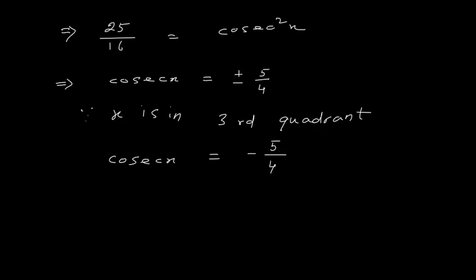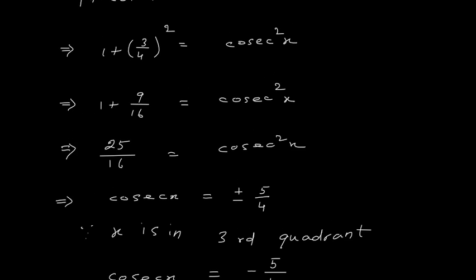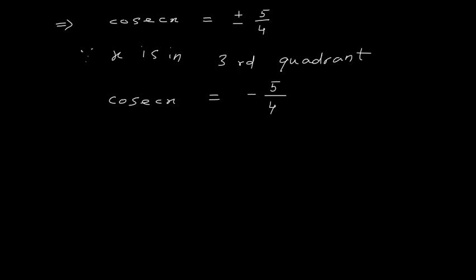So we got the value of cosec x, and we have the value of cot x. Now from cosec, first I will get the value of sin x, because it is always easy to find the other ratios when we know sin or cos. So sin x is 1 upon cosec x, which is minus 4 upon 5.